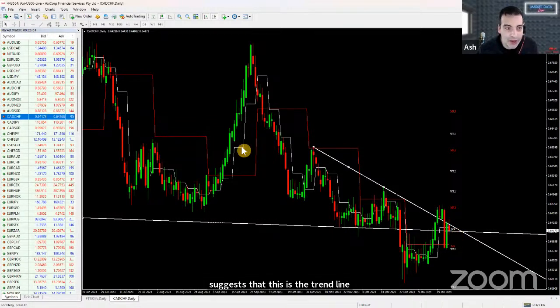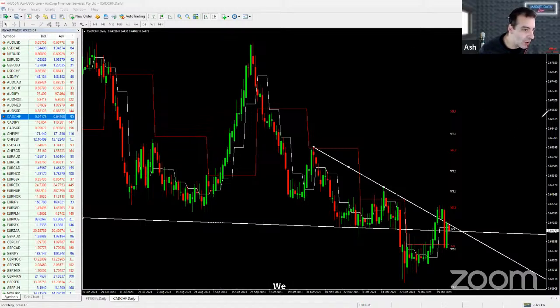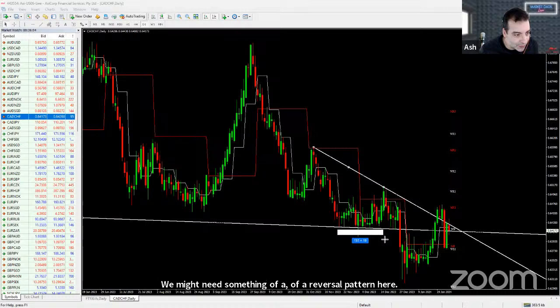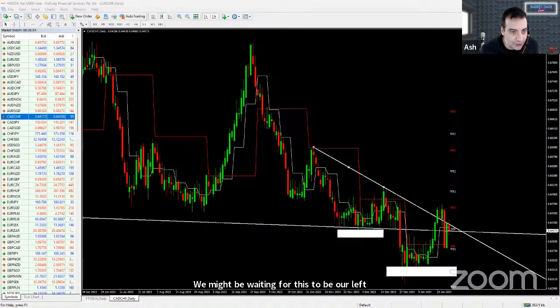Now, again, we might need something of a reversal pattern here. We might be waiting for this to be our left shoulder, this to be our head, and we're going to need something similar with the right shoulder on this side. It looks like something like that.